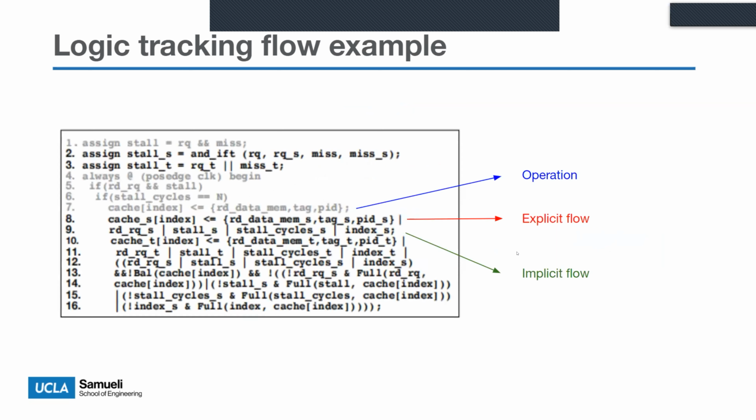So let's take a look at the code. The operation is here in line 7, which is a non-blocking assignment defining the cache. Line 8 defines the explicit flow, and line 9 defines the implicit flow, in which the variables RD, RQ, stall, and the stall cycle are all implicit variables that can affect the variable cache.